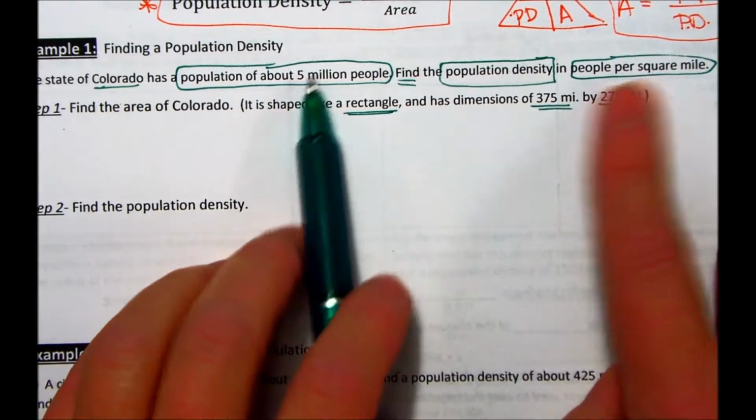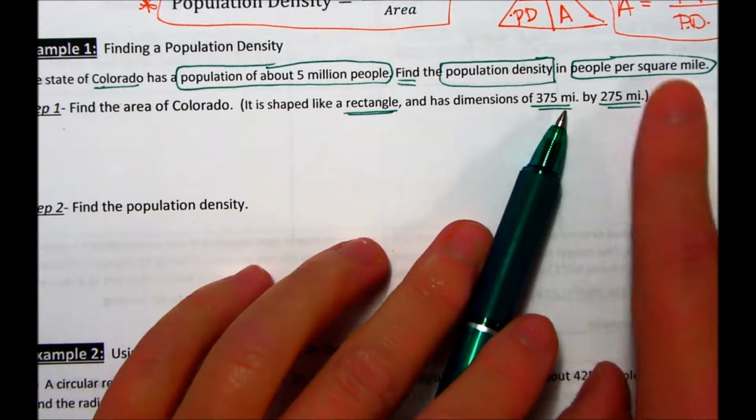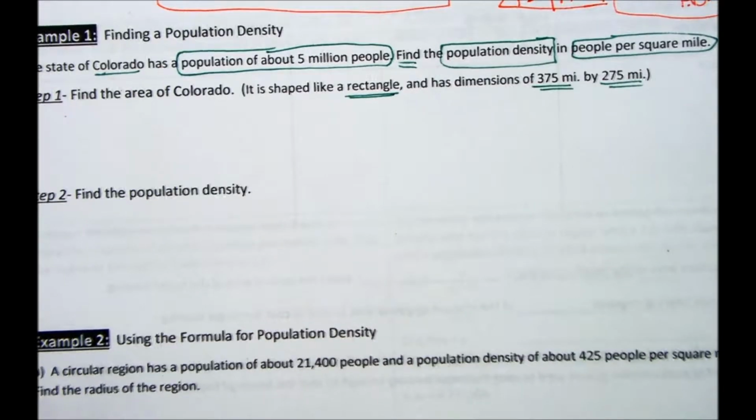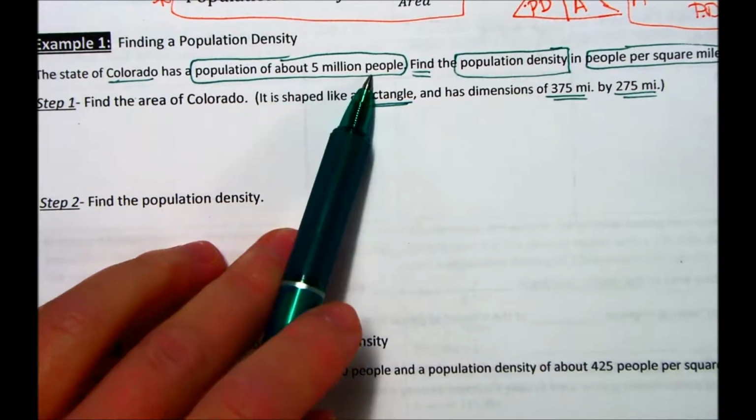So looking at our units of measure, everything is in miles, so we don't have to do any conversions yet. But they are telling us 5 million people.